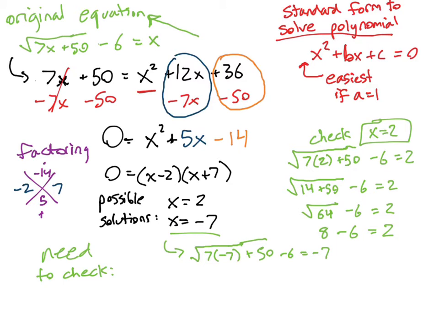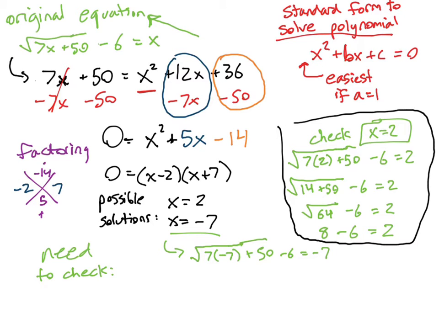Let me box this off just so that it's clear that that's separate from what we're now checking with this -7 for x. So underneath our square root, we have 7 times -7, which gives us -49. So the square root of, underneath this radical, -49 plus 50, minus 6 equals -7.